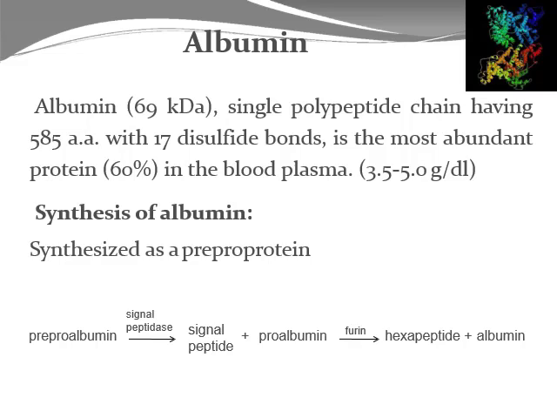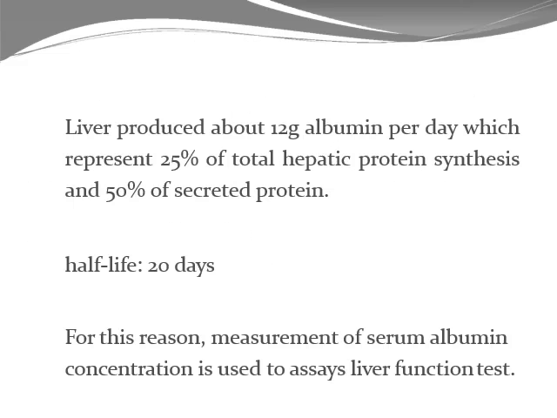It is synthesized from a pre-proalbumin into a proalbumin and then ultimately into our albumin. The major portion of the albumin is produced by the liver. To be precise, 12 grams of albumin are produced by the liver per day. The half-life of albumin is 20 days.